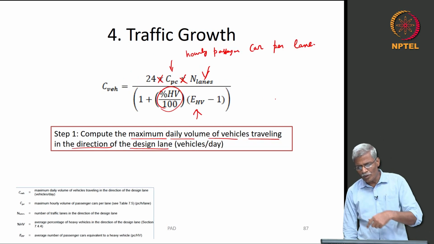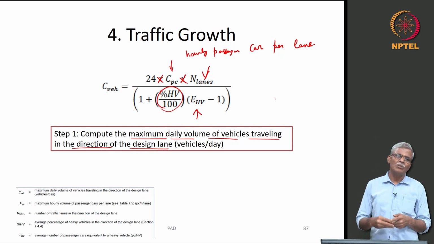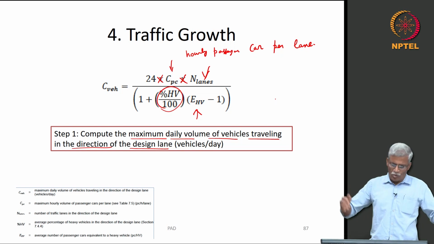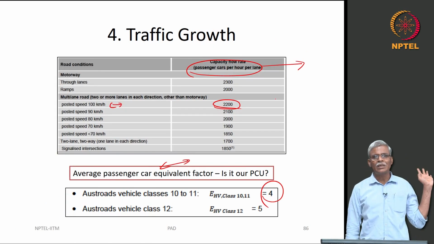Now, how do we compute this CVEH? CVEH is based on the maximum hourly volume of passenger cars per lane. You know that this is the typical data that is given here, 2300.